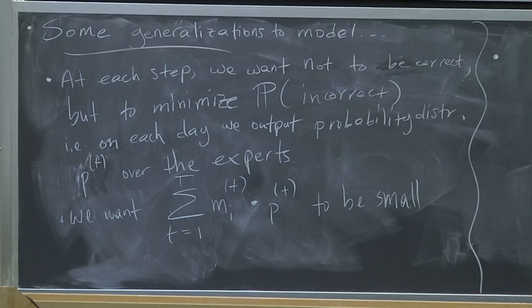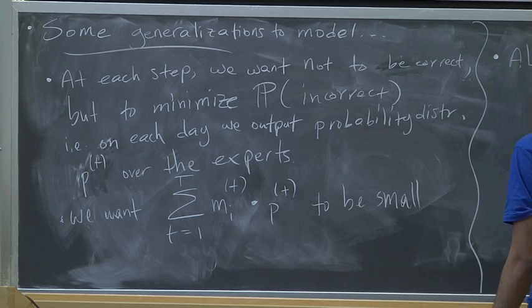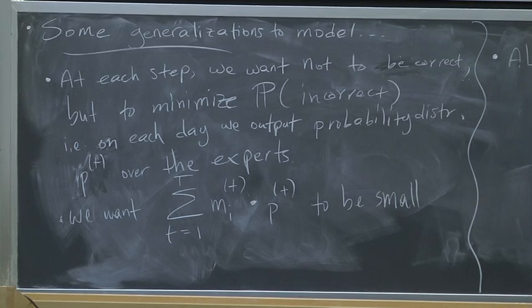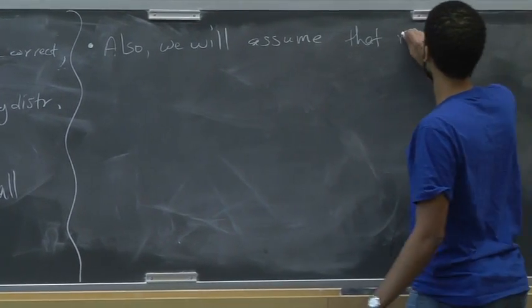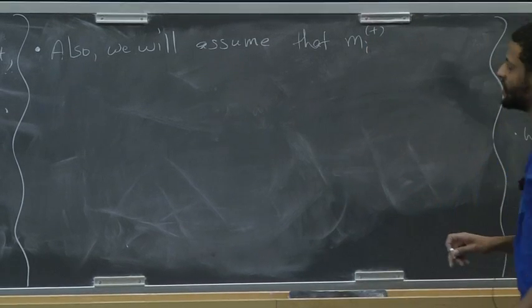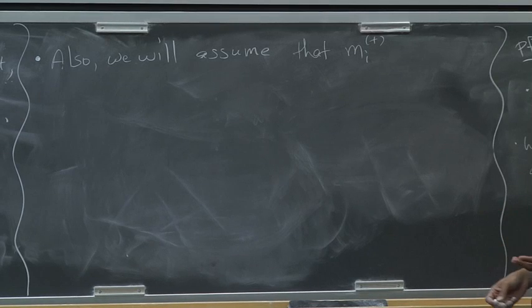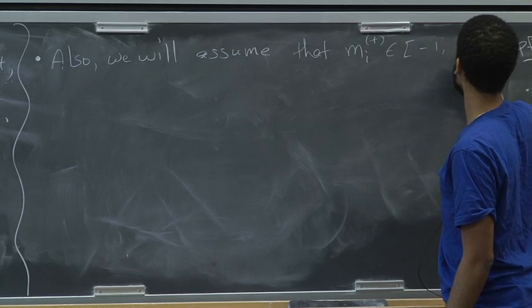Okay. Also, we will assume that mi of t, so before we said that it's either 0 or 1, right? The person was either right or wrong. Now we're going to assume that this is actually in the interval from -1 to 1.